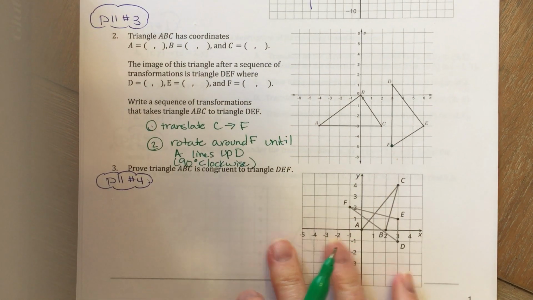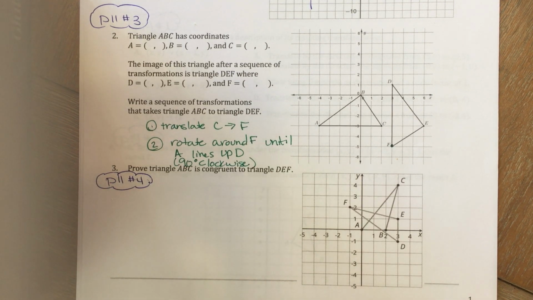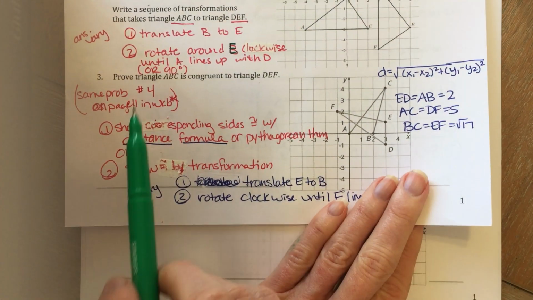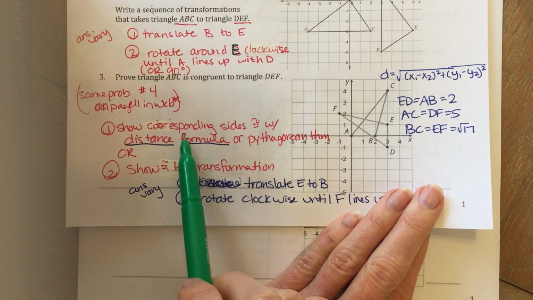So then this problem is actually the same problem as page 11, number 4. And you had 2 different methods to do this. And if I could just bring the key over. So first of all, it's already in the locker. This is different, but there were 2 different methods.